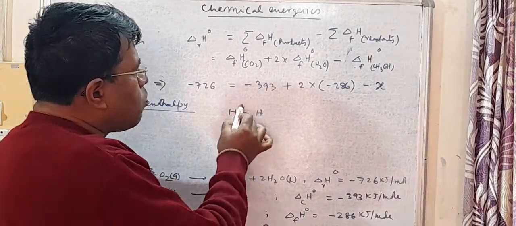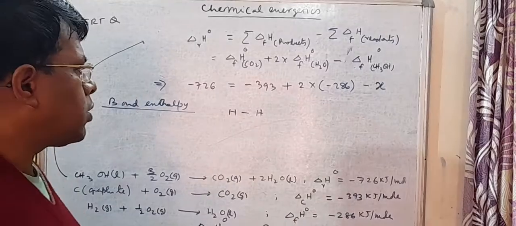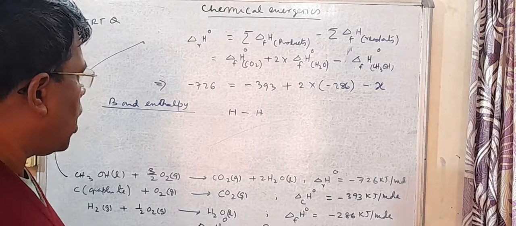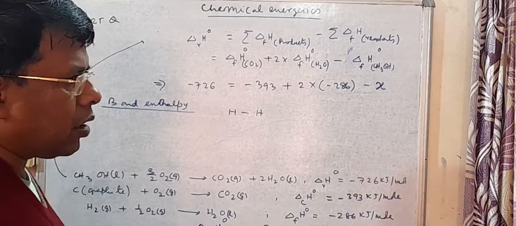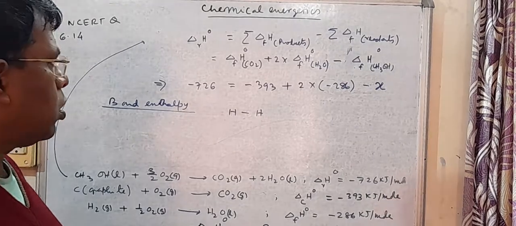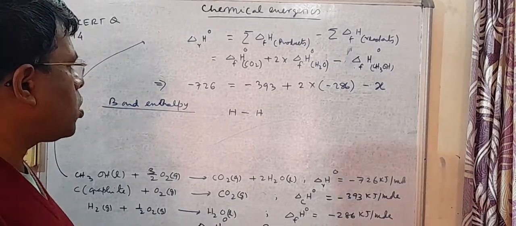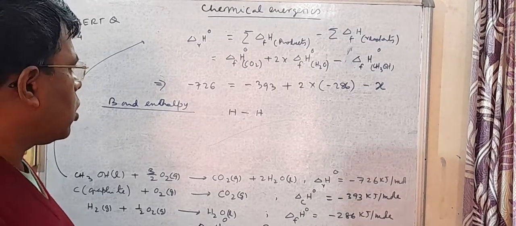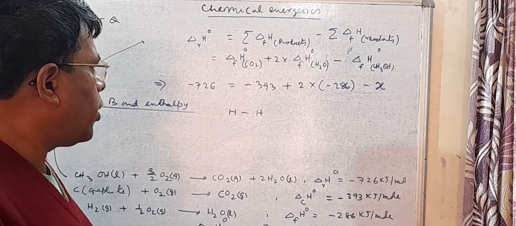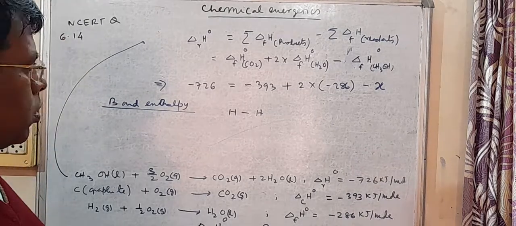To break this bond, energy will be required, and the energy required to break 1 mole of bond is called bond enthalpy, or it's also called bond energy. 1 mole of bond.